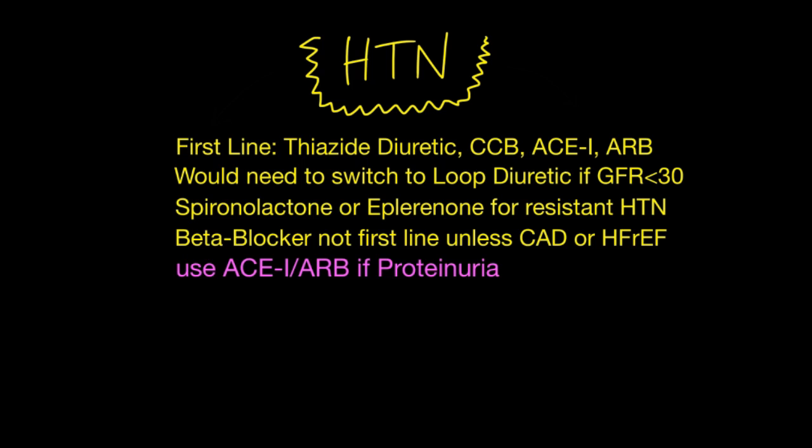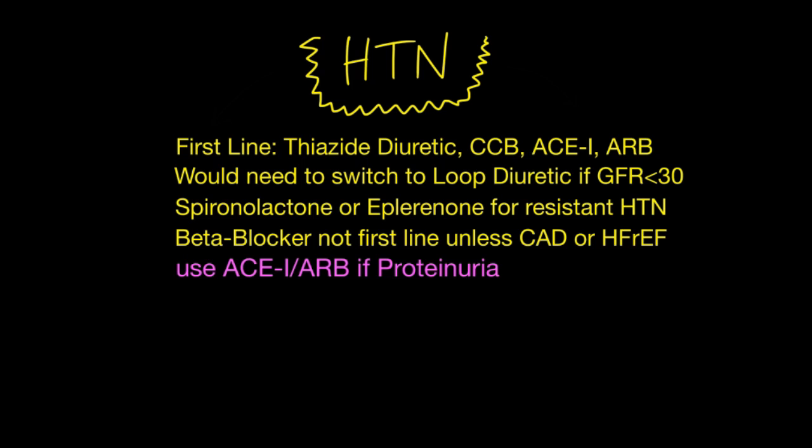Also, if a patient has resistant hypertension, defined as a patient who's already on 3 antihypertensive agents at max dose, and one of those drugs is a diuretic, and they're still uncontrolled, that's resistant hypertension. In that setting, spironolactone or eplerenone, which are aldosterone antagonists, are indicated.